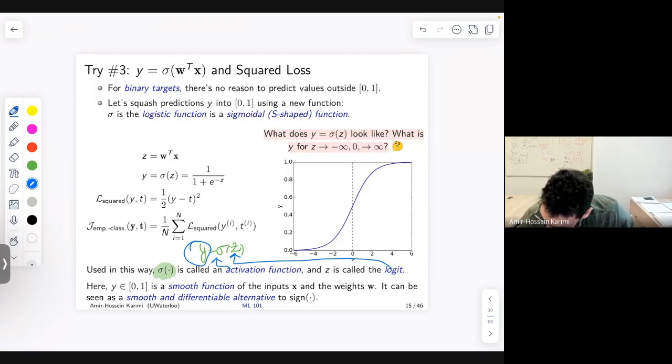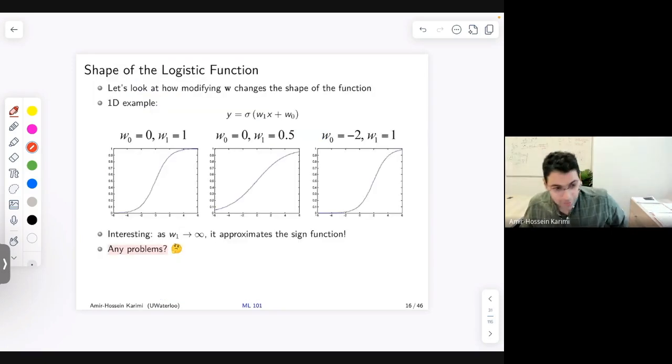What does that mean? So if I show you what the sine function was, the sine function was something that looks like this. And now I'm giving you a smooth alternative to it, which to some extent approximates the sine, but is now differentiable everywhere. To make sure we've all fully understood what it looks like, this was just the plot from the previous slide.